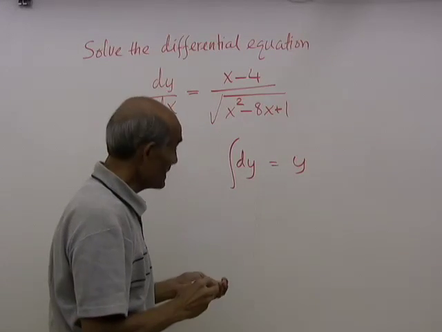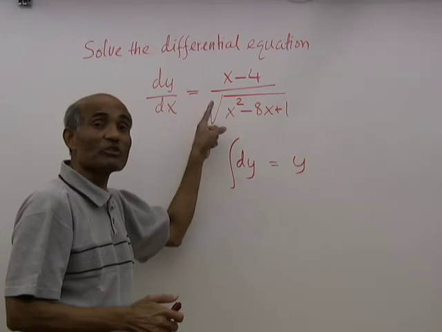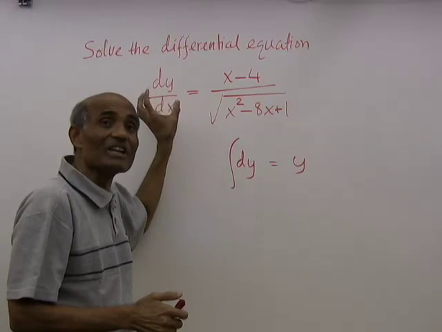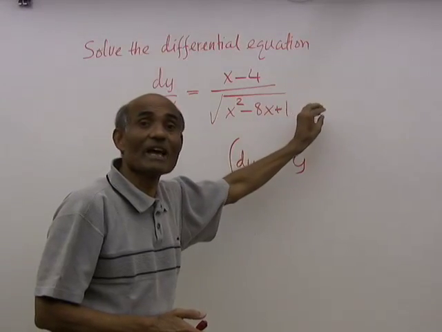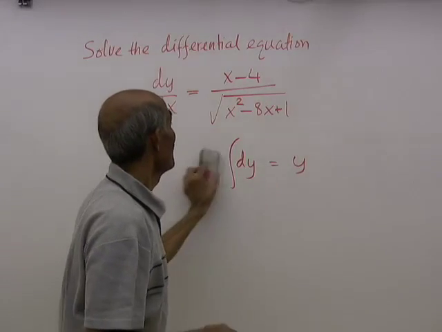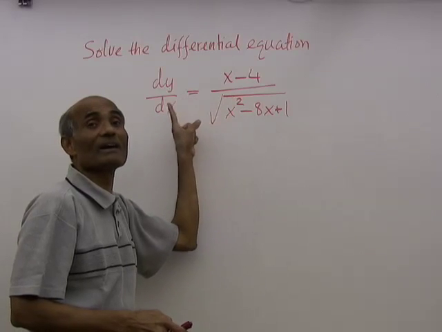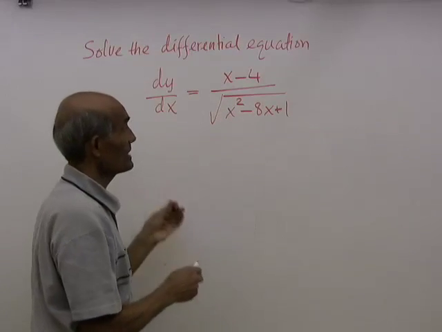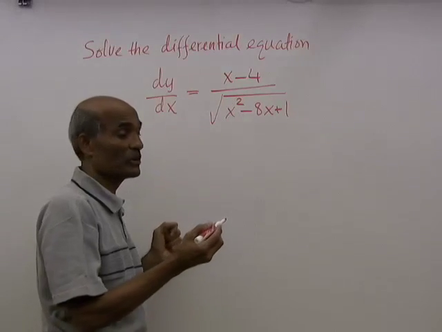And so, in order to solve the differential equation, we need to write this in such a way that dy alone will be on the left and everything else will be on the right. How do you do that? All we need to do is multiply both sides by dx. All right, let's do that. Multiply left-hand side and right-hand side by dx.